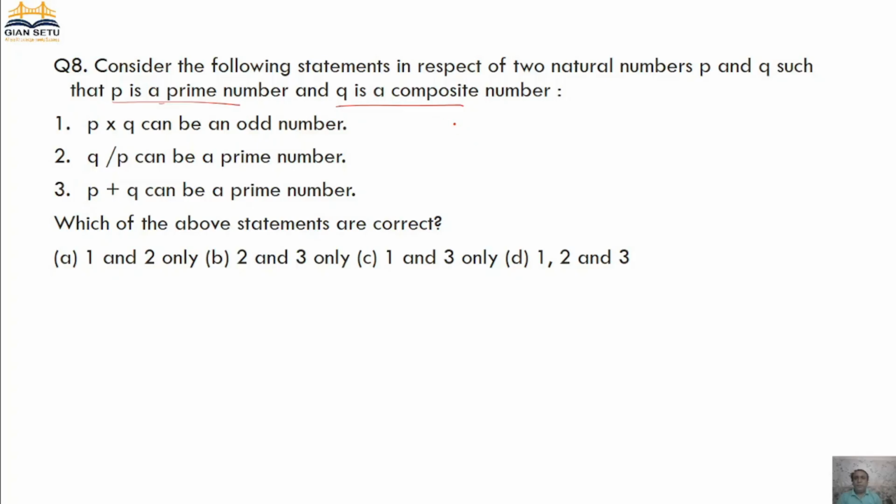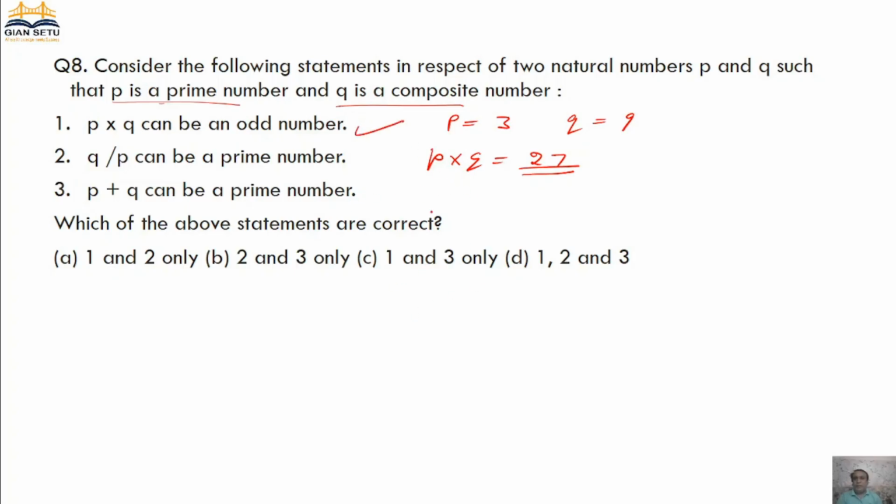Let's suppose P is a prime number, let's say it is 3, and Q is a composite number, say it is 9. Now P into Q is 27, which is an odd number. So statement 1 is correct, right?